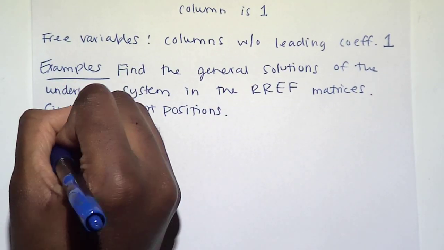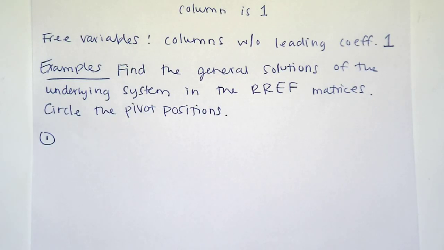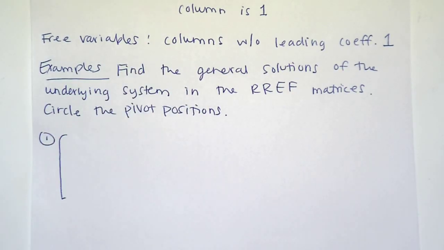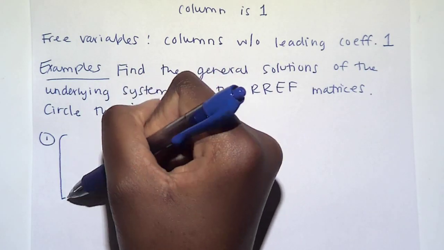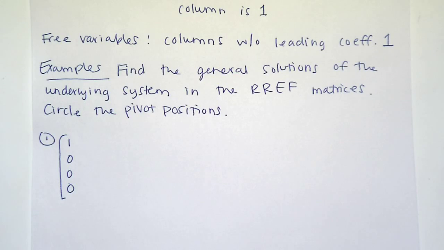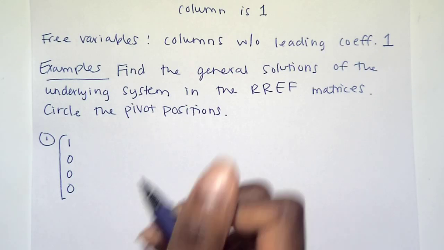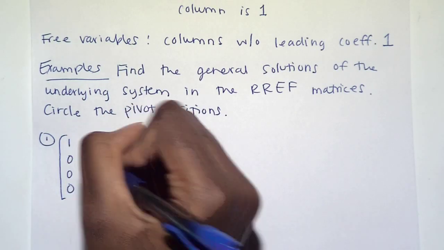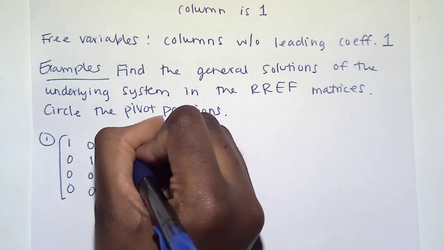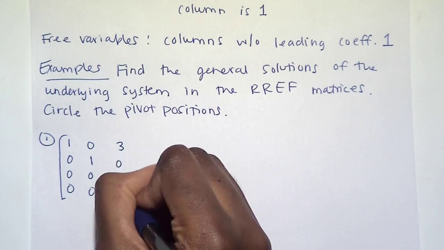Okay. All right, so let's look at our first example. So this example, I'm going to go column by column. We have four rows here. So we're going to have a 1, 0, 0, 0. Then next, we're going to have 0, 1, 0, 0. Then we have 3, 0, 0, 0.